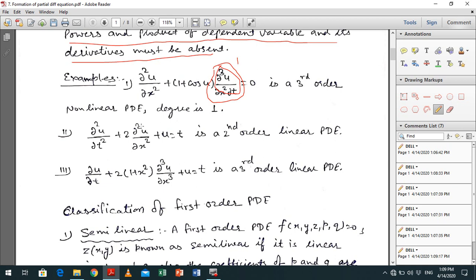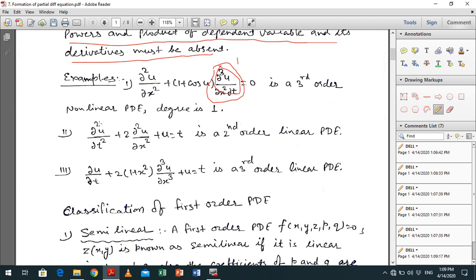It's a third order non-linear partial differential equation with degree 1, non-linear because the dependent variable term cos u is present as a product with del 3u upon del x square del t. That's why it is a non-linear partial differential equation.